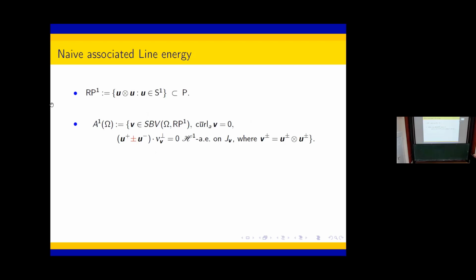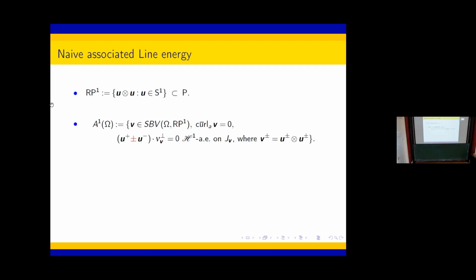So now, what is the natural space? The natural space we are looking at for the limit object: I will replace BV by SBV, special functions with values in this projective circle. I want the absolutely continuous part of the curl to be 0, so I want something which is curl-free. And then I have the problem of the jumps.